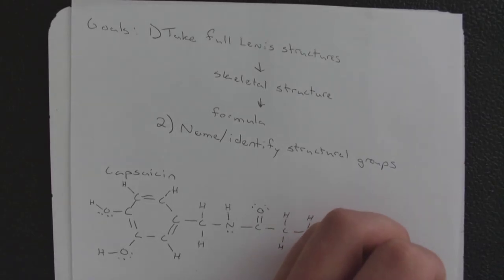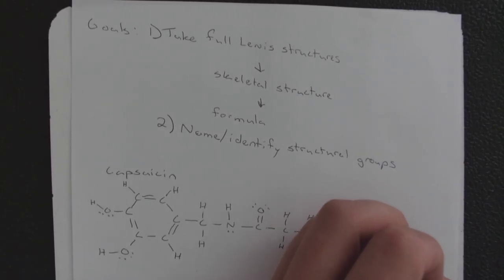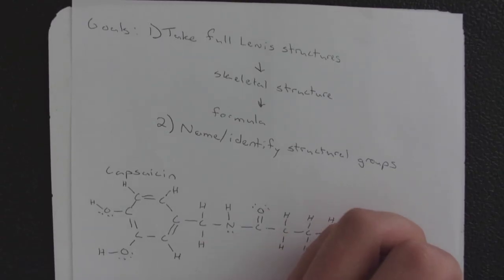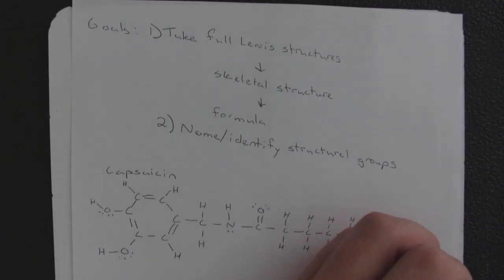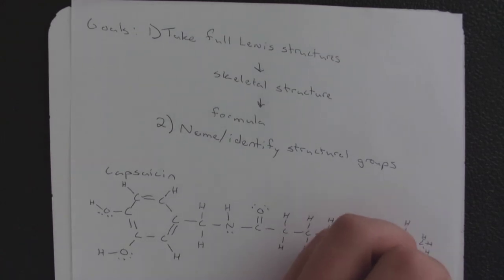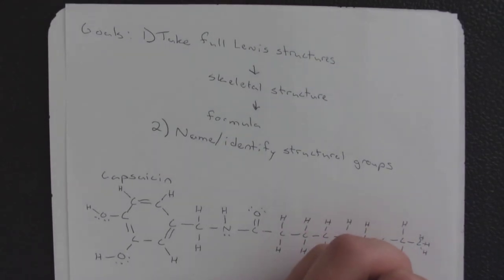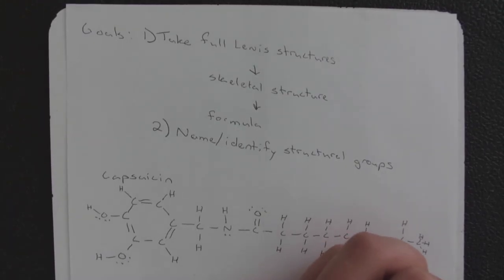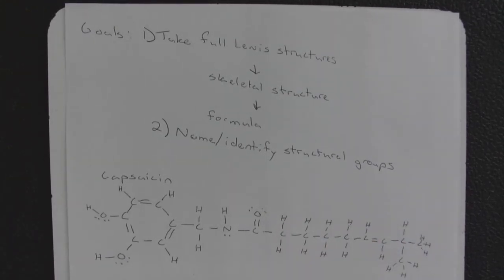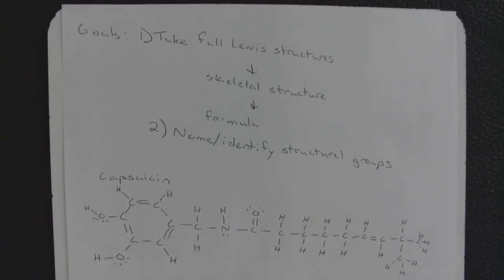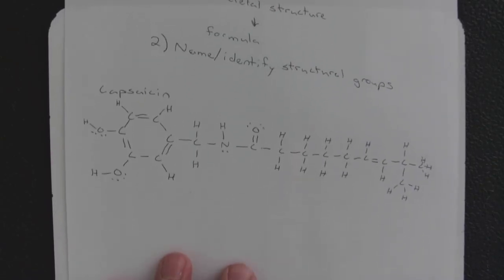It condenses things down a whole lot, so we don't have to write nearly as much onto that structure. And I'm running out of space, so I'm going to write it a little bit smaller. So there is our full structure now. It is a lot. So let me go ahead and take this and write our skeletal structure instead.